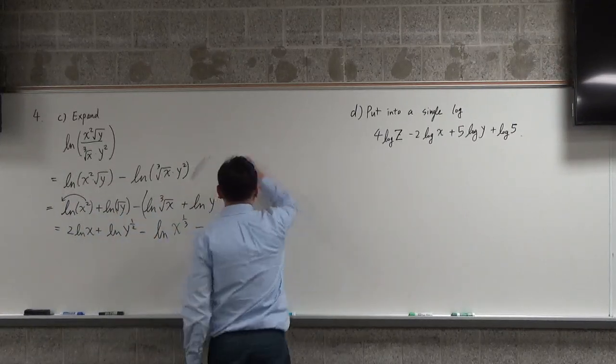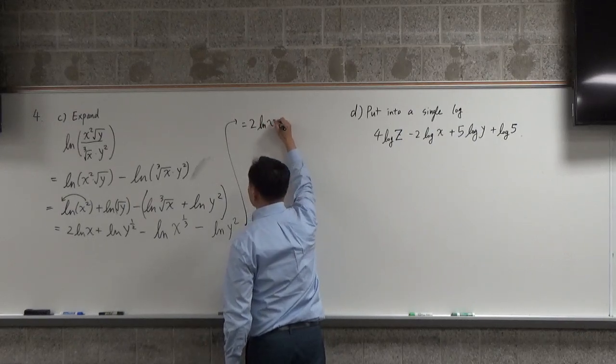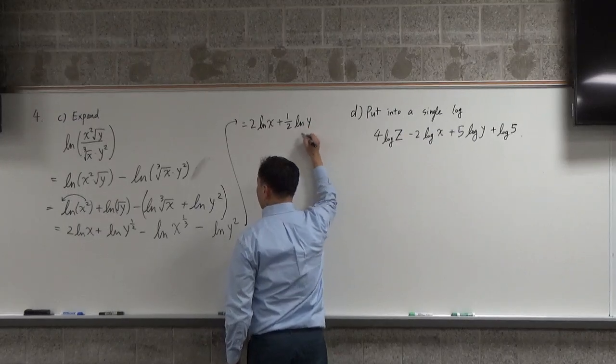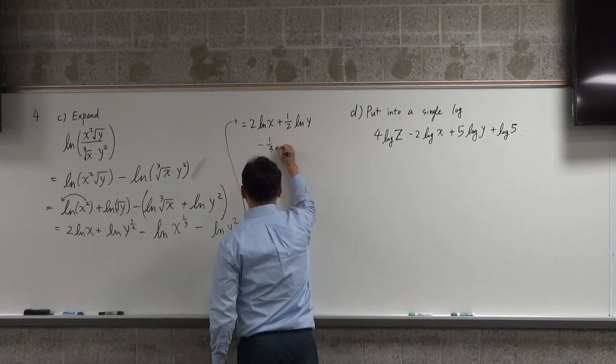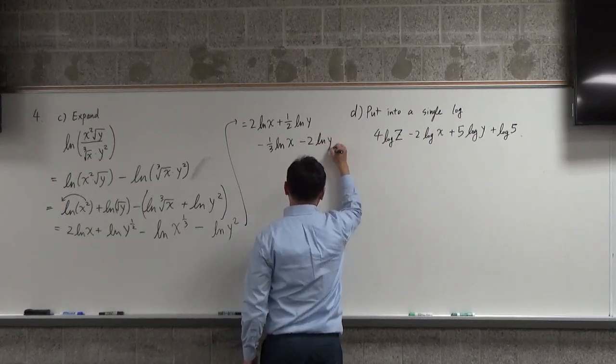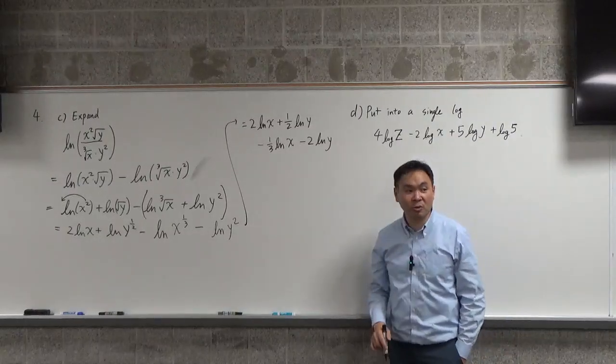So let me write over here. Equals 2 ln of x plus 1/2 ln of y minus 1/3 of ln of x minus 2 ln of y. Okay, I made all the numbers jump to the front.